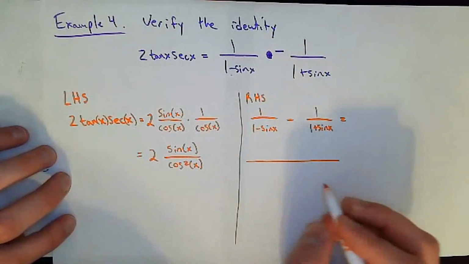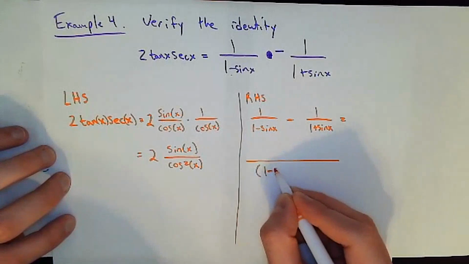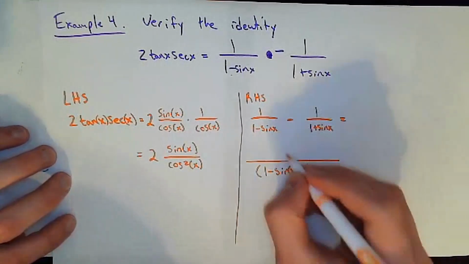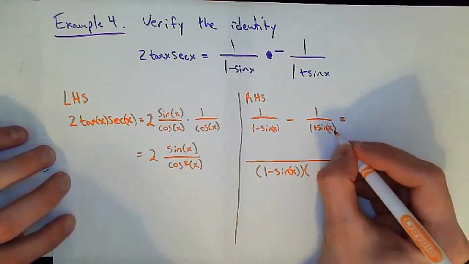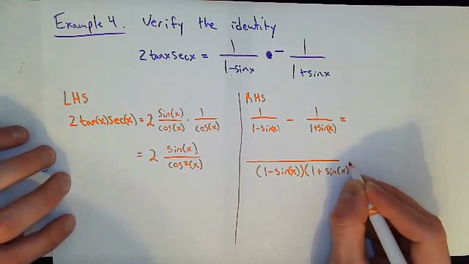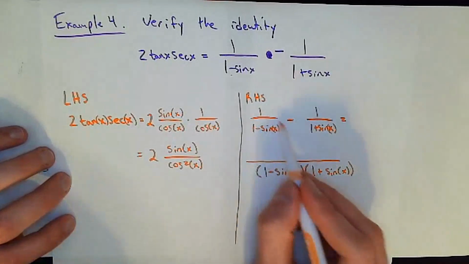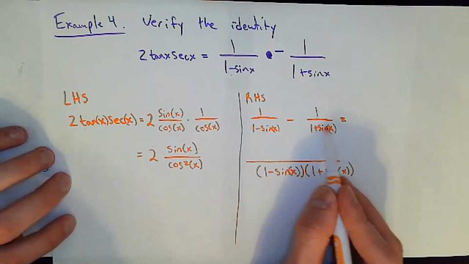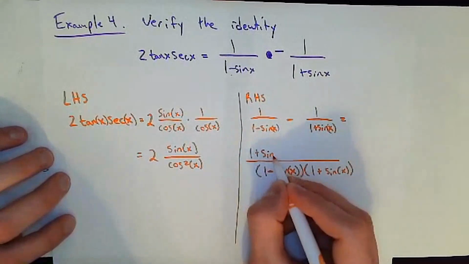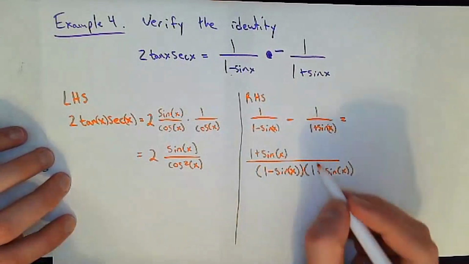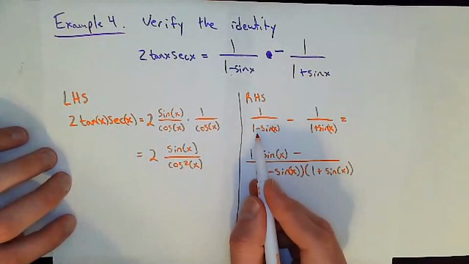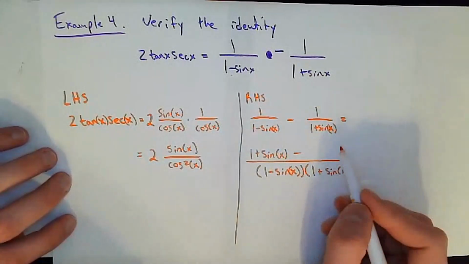So if I write the fractions squished together, my denominator should be 1 minus sine x and 1 plus sine x. And in the top, I'm giving this 1 plus sine x, so 1 plus sine x, just multiplying that by 1, and then minus, and this one, 1 minus sine x, got multiplied in the top and bottom.